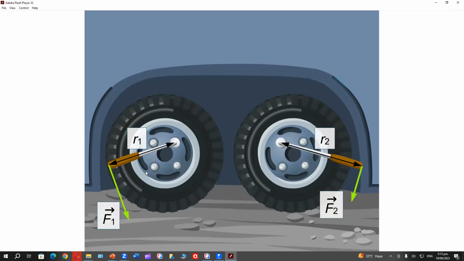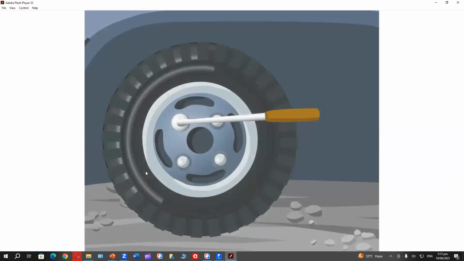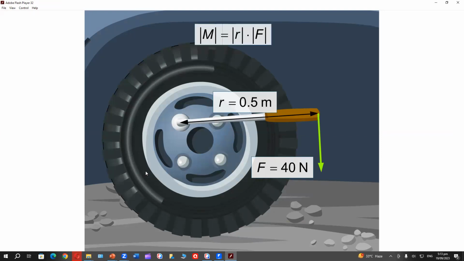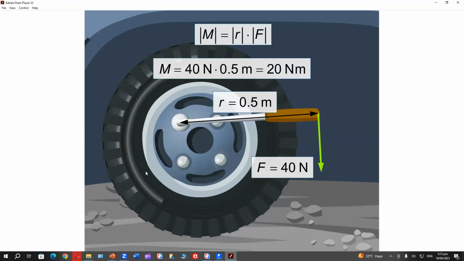In order to compare the abilities of two forces, we need to take into consideration both the force arm as well as its magnitude. The product of the magnitude of a force and the force arm is called the moment of the force. The unit of moment is Newton meter. The moment of the force in the picture is 20 Newton meters.